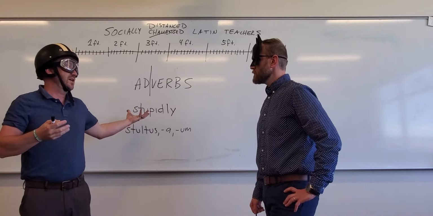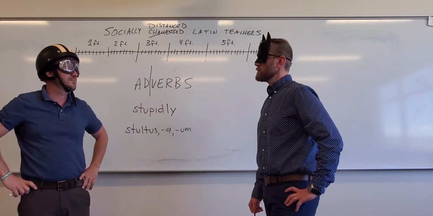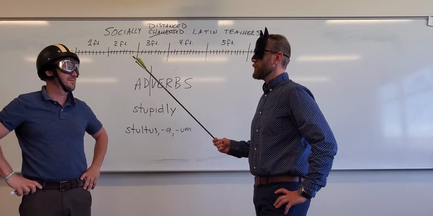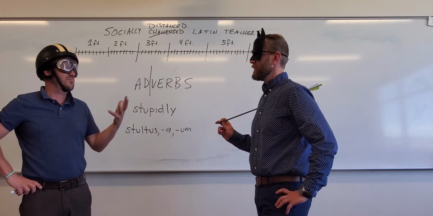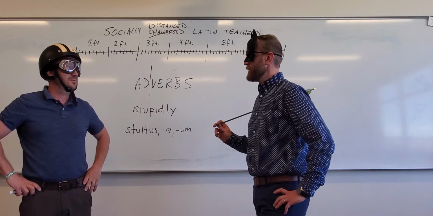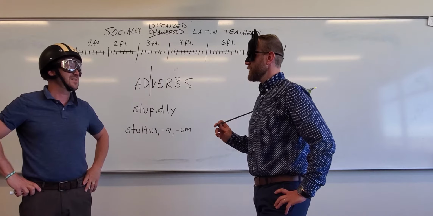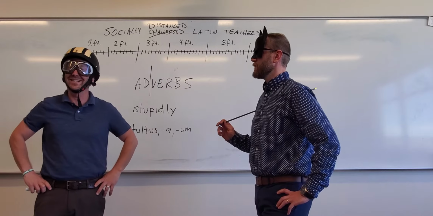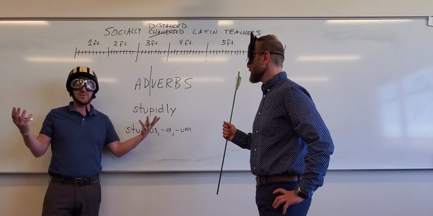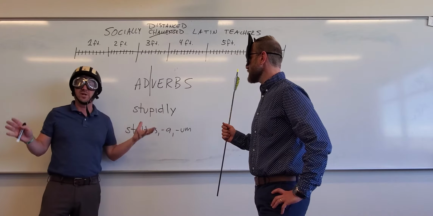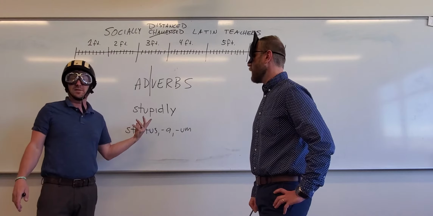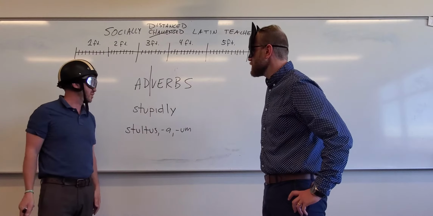Then you can make it modify a verb, like, that hat stupidly brings out your eyes. That would modify brings out, the verb in that sentence. Or, the monkey rode his bicycle stupidly. It tells us how he rode his bike.